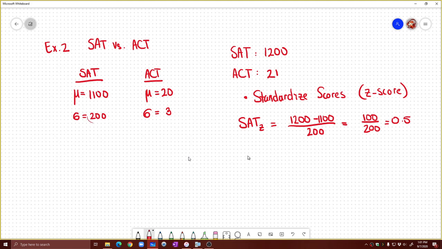Now what about my ACT Z-score? Let's go there. So now I have 21 minus 20, over 3. So this is going to be 1/3, which we know is 0.333, and it repeats. Again, I scored above the average.